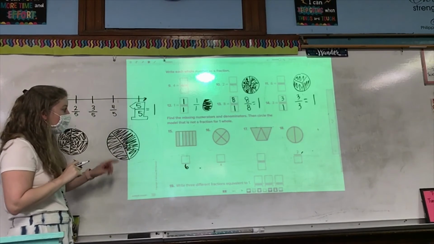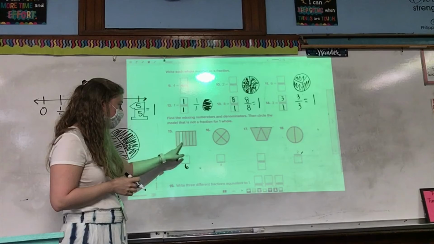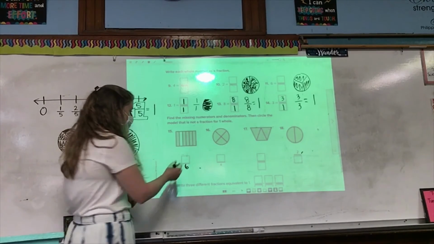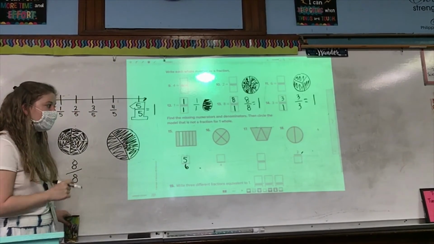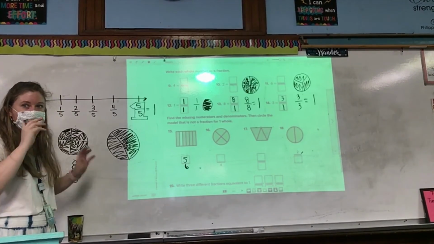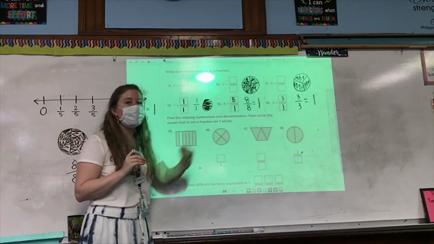Okay, now our numerators, how many are shaded? Well, we have 6 pieces, 1, 2, 3, 4, 5, 6. How many are shaded? 5, so that's a little different. Okay, number 16. Smith, how many separate shapes with space between them do we have here? 1. But it's broken into pieces.